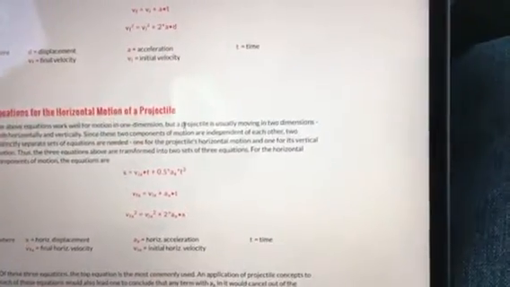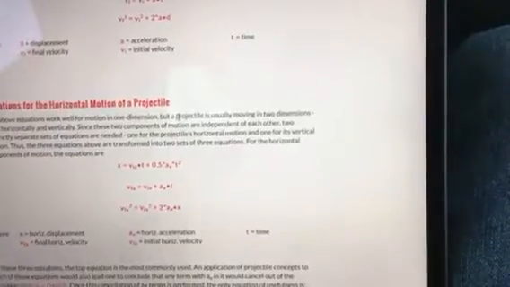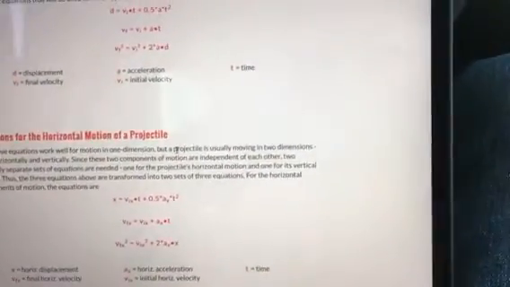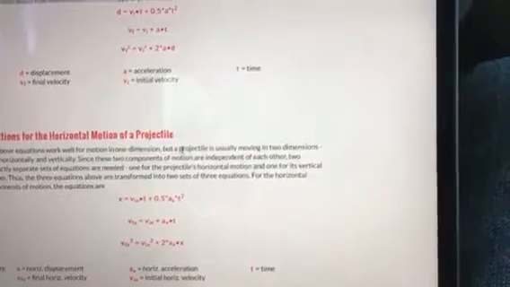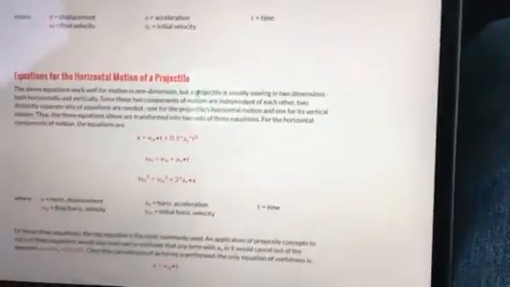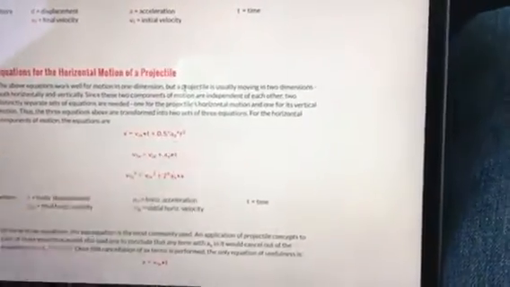So, what's the acceleration? If there's nothing pushing it this way after it leaves the gun, there's nothing pushing it this way because we ignore friction. The only thing that's acting on this projectile is gravity. So there's nothing accelerating it in the horizontal direction, which means that this acceleration is actually going to be 0.